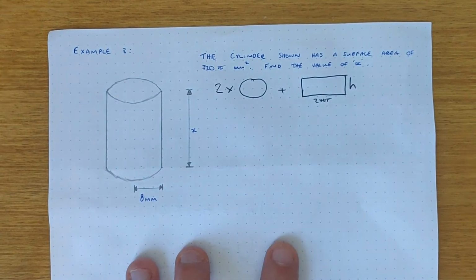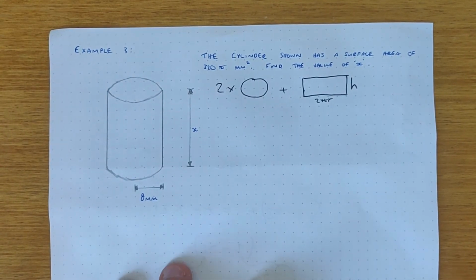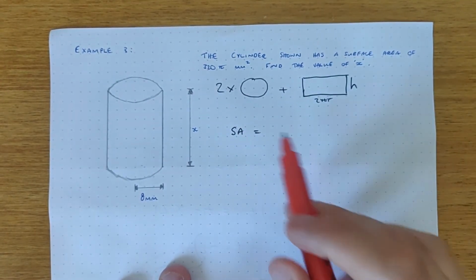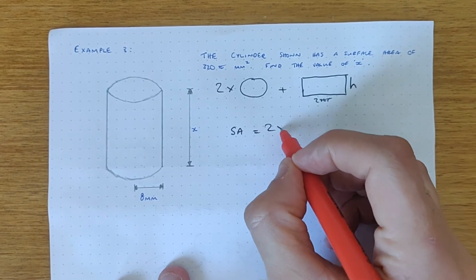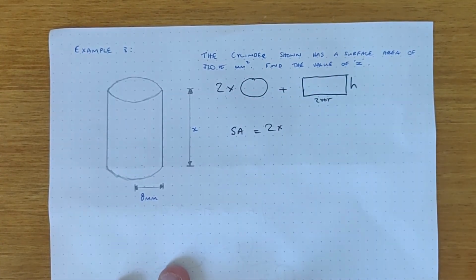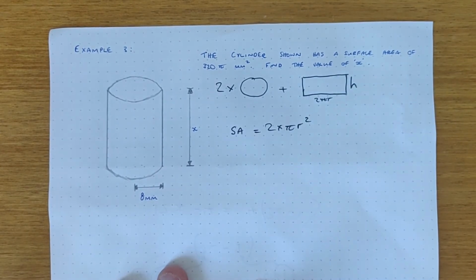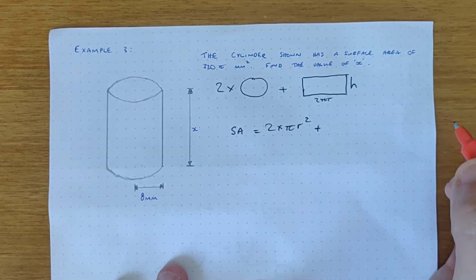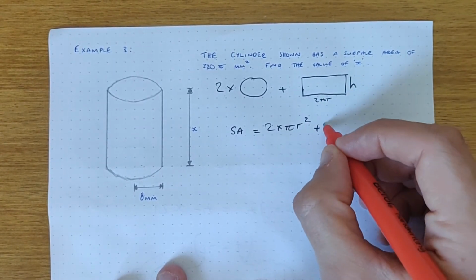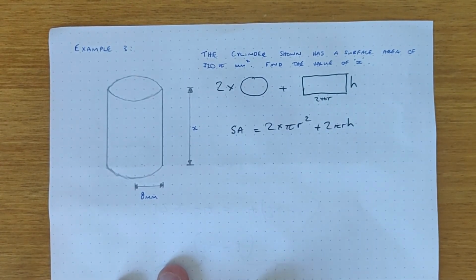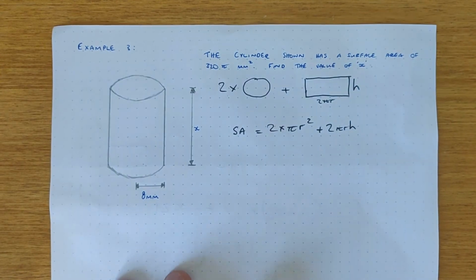Okay. That means that when I'm working with the surface area of a cylinder, I know that the surface area is 2 times the area of a circle, which I know is pi times r squared, and then I need to add to that 2 pi r and h. Now this is my formula I'm going to be working with.